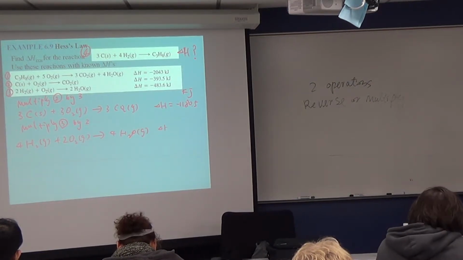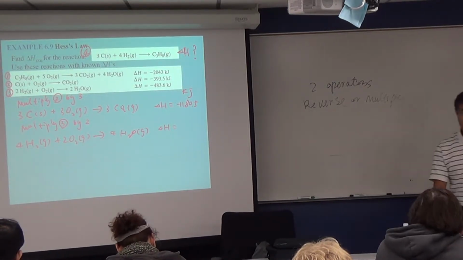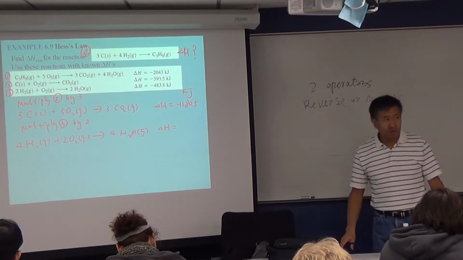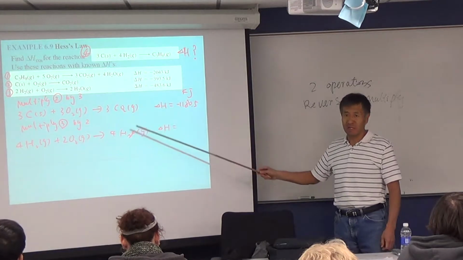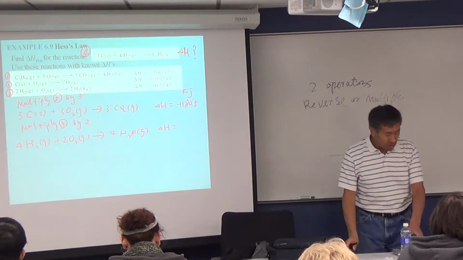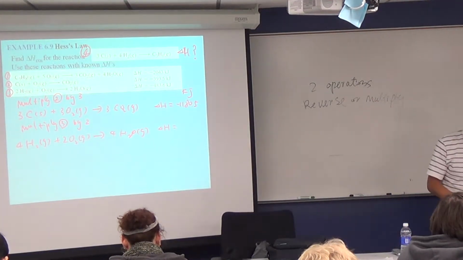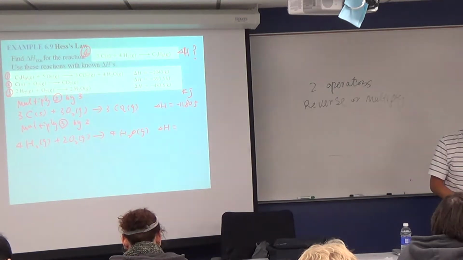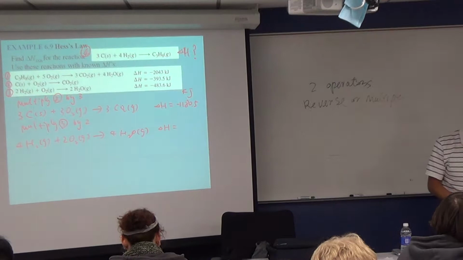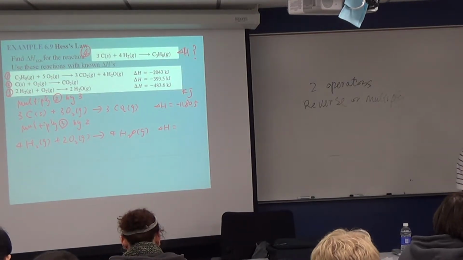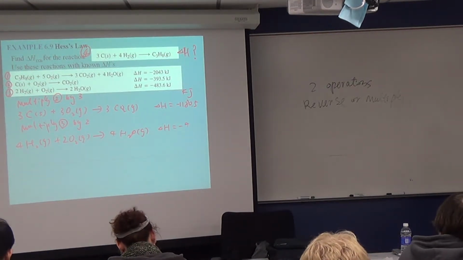And this equation will have a new delta H. All those delta H, I did not give them a number, I just call them delta H, but you know now that if this delta H follows this equation, it's for that, and this is for this. So what will be our delta H now? Which one by 2? You know that, right? So you get negative 967.2.